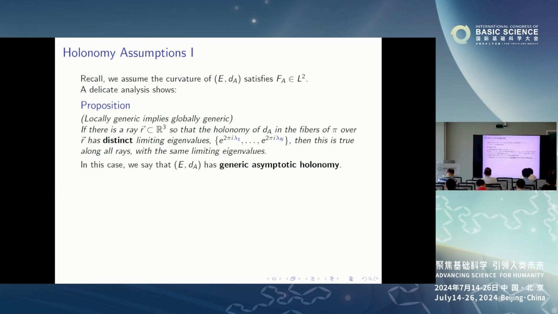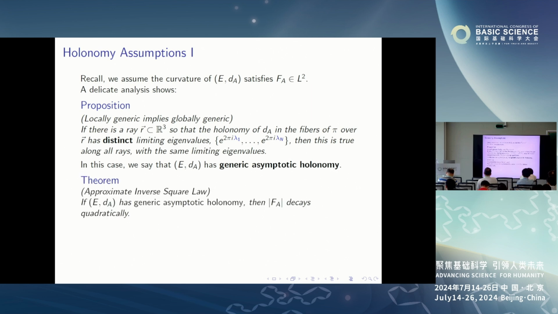When that's true, we say that this bundle has generic asymptotic holonomy. And a theorem says that if you have generic asymptotic holonomy, then the curvature decays quadratically. Once again, remember, the quadratic curvature decay keeps entering. There are many things you want to prove when you're doing the Nahm transform that require knowing asymptotics.